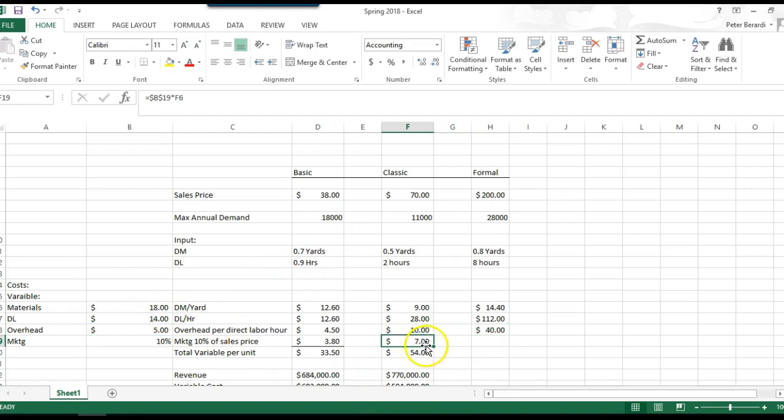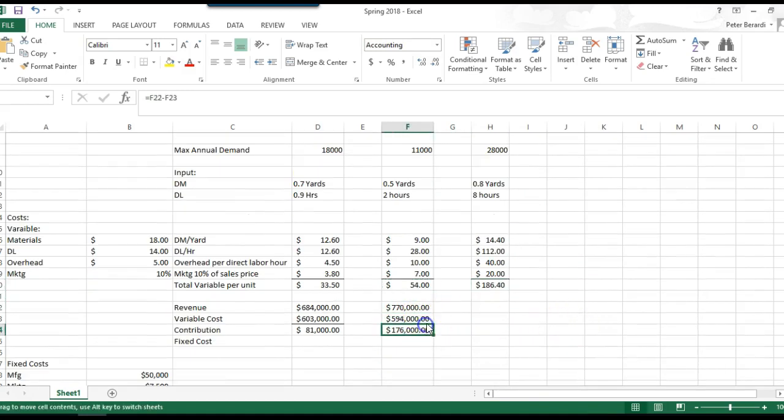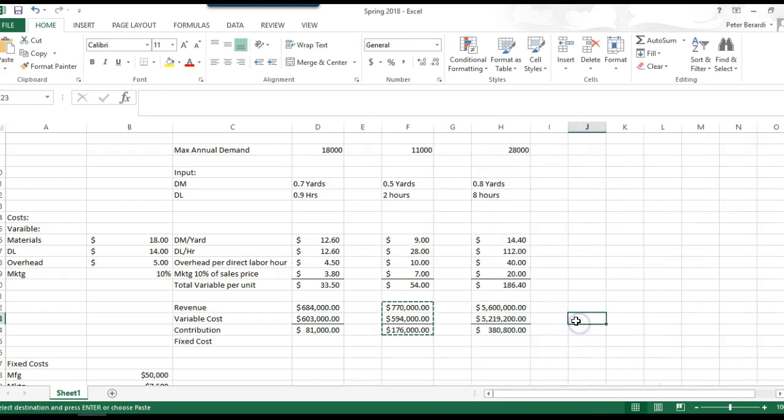And then the overhead, we'll keep that formula in place. You get $20, which is basically 10% of 200. Copying this across. And our answer is 380,000 contribution margin.